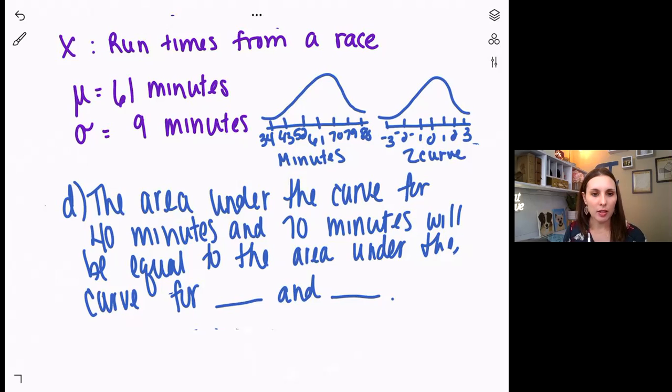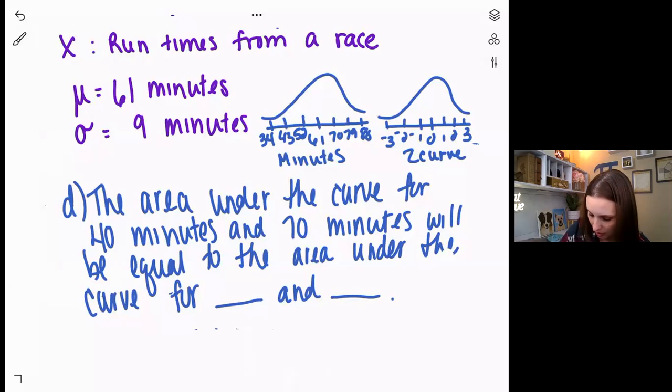And it's asking, the area under the curve between, let's just say, 40 minutes and 70 minutes will be equal to the area under the curve for which two values on the z-curve. So in order to find which two values 40 and 70 correspond to on the z-curve, we have to find the z-score of each value.